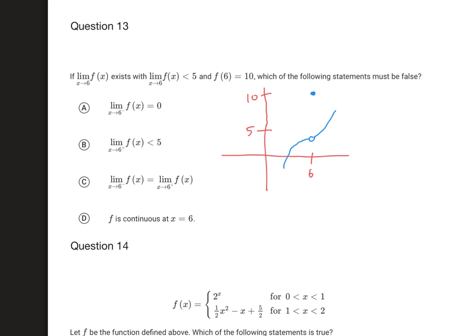So whatever the limit of this function is as x approaches 6, it can't equal f of 6, because this is smaller than this. So these can't be equal. And that means it can't be continuous. That means this has to be false.